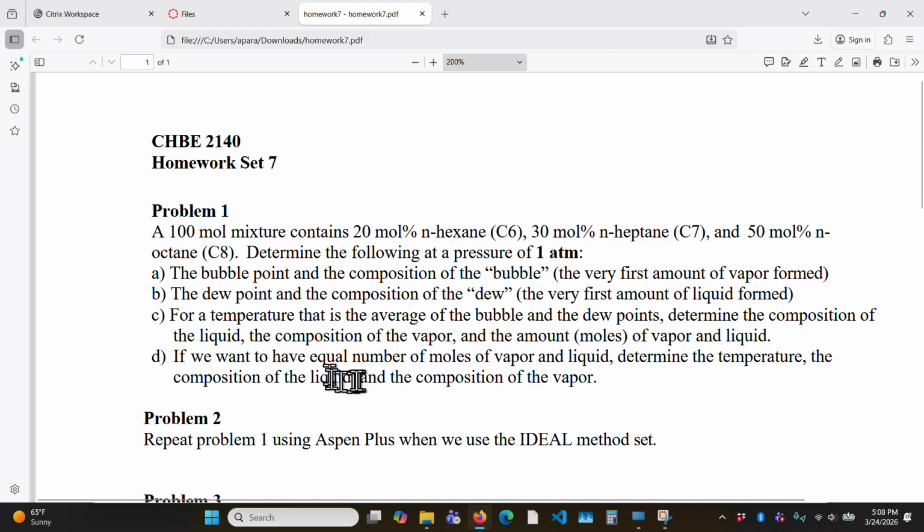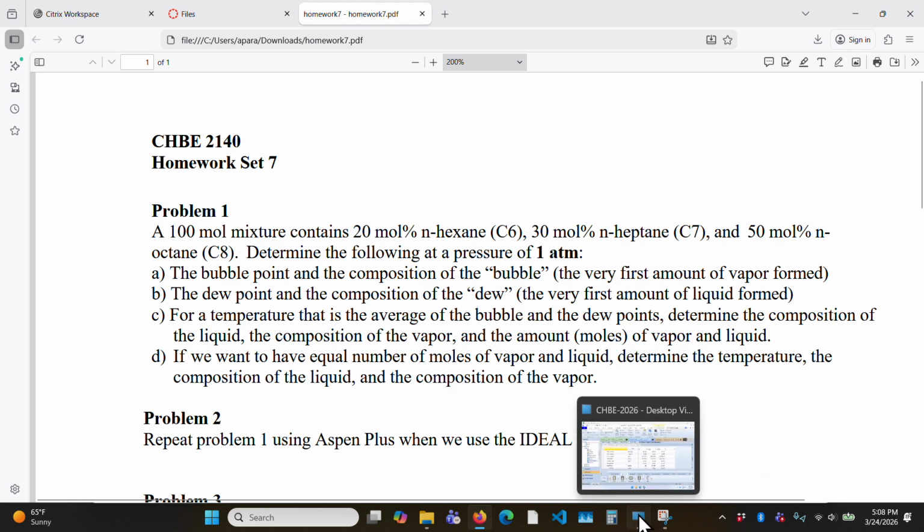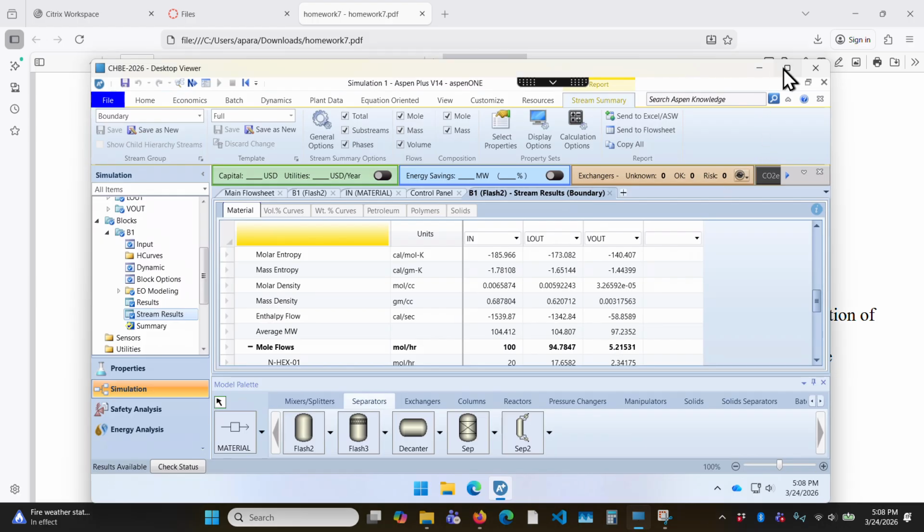And then finally, we want to set the composition to 50% vapor, 50% liquid, and then determine the compositions. So let's go to Aspen.